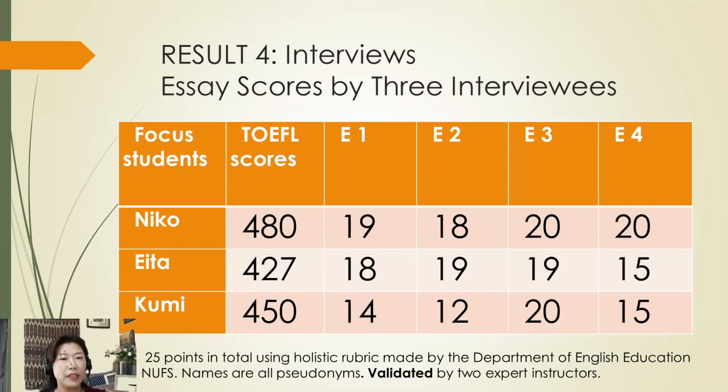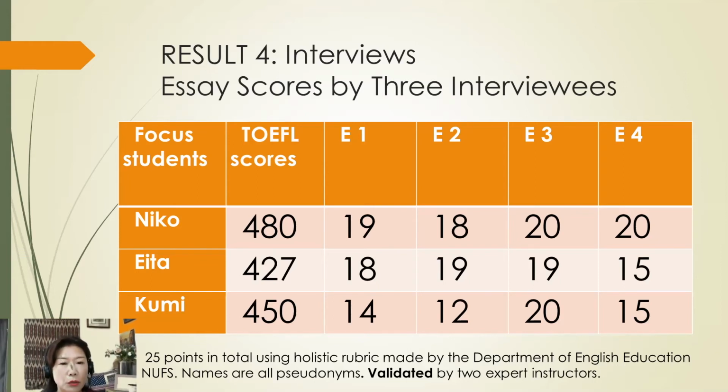Now, results from the interviews. Essay scores by 3 interviewees are shown here. Nico, Eta, and Kumi were my interviewees. They are all pseudonyms, and their TOEFL scores are high, low, and intermediate.